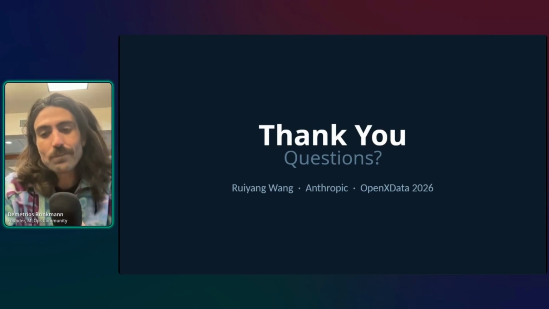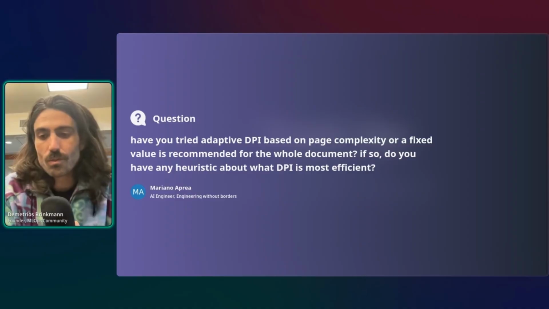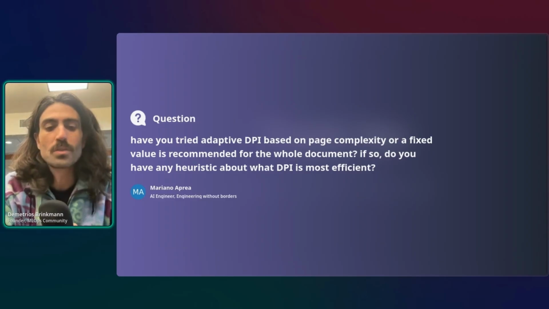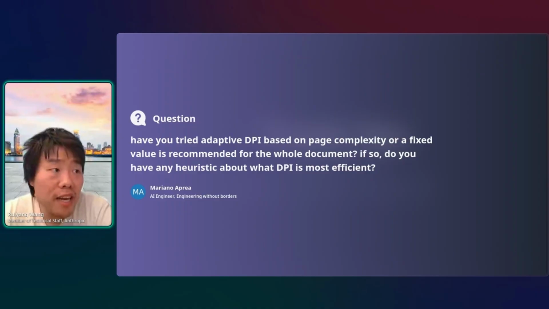All right. So have you tried adaptive DPI based on page complexity, or is a fixed value recommended for the whole document? If so, do you have any heuristics about what DPI is most efficient? Yeah, this is mostly dependent on your workload.